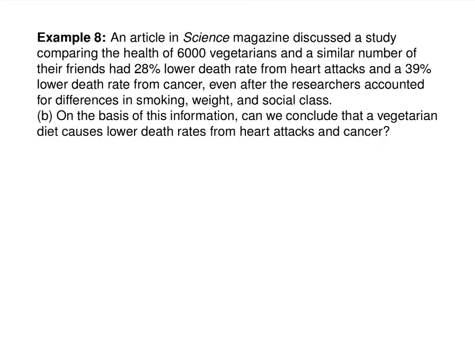So on the basis of this information, can we conclude that a vegetarian diet causes lower death rates from heart attack and cancer? I mean, they do have rates that are quite a bit lower, but the answer is still no. So no, it's only an association.